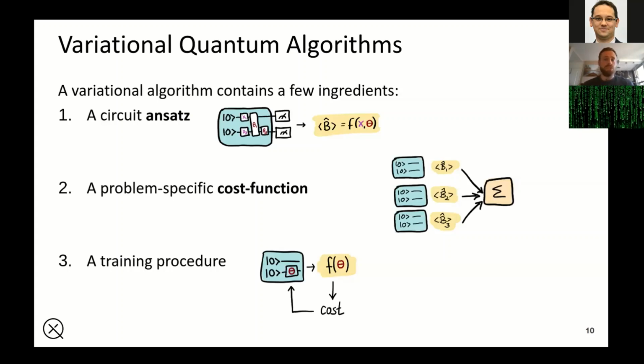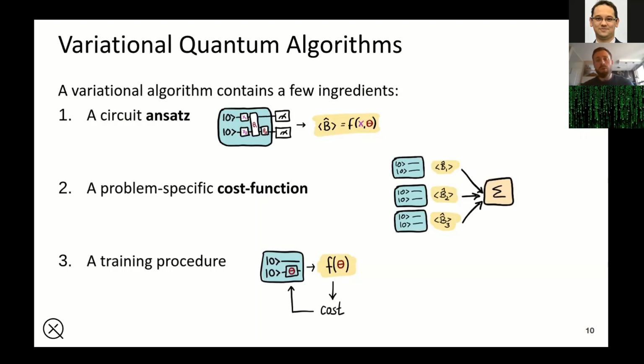That's why it's called a circuit ansatz: an educated guess of a quantum circuit. Once you take such a circuit, you can encode certain quantities such as Hamiltonians into the measurement of the circuit. Once you get expectation values of observables, for example the expectation value of a target Hamiltonian, you can use them to create problem-specific cost functions.